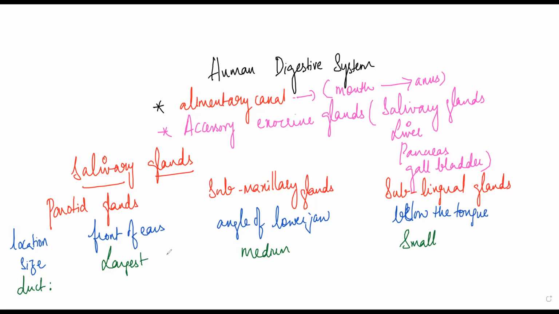For the parotid glands, the duct is called Stenson's duct. The parotid glands are exocrine glands. Which are exocrine glands?